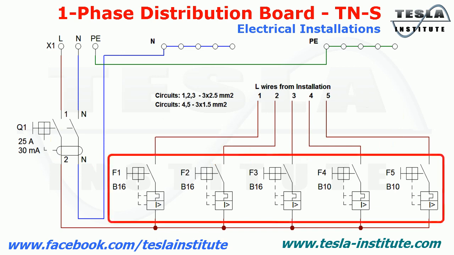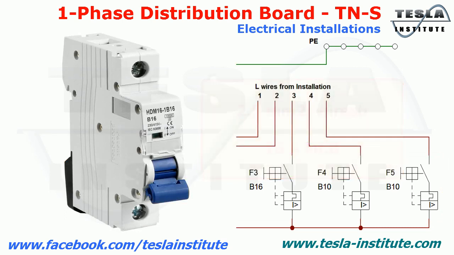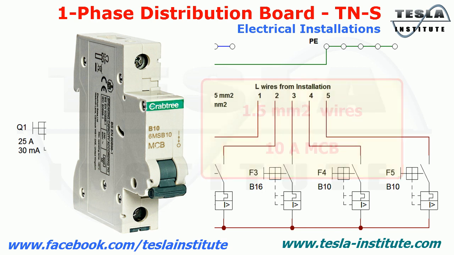The circuit breakers protect the electrical installation wires against too high currents, which appear in overload states and at short circuit in the electrical installation. 2.5 square millimeters cross-section wires we protect with 16 amps circuit breakers, and 1.5 square millimeters cross-section wires we protect with 10 amps circuit breakers.